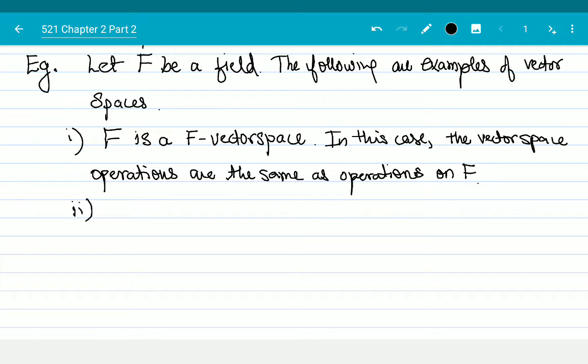So there's no sense of saying a multiplicative inverse of a vector.